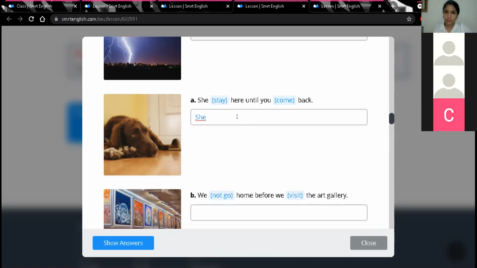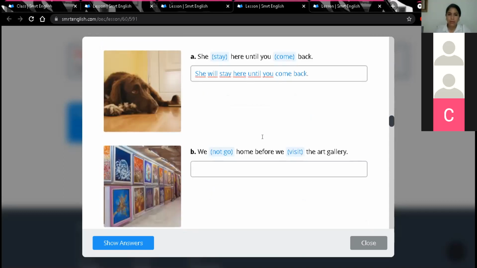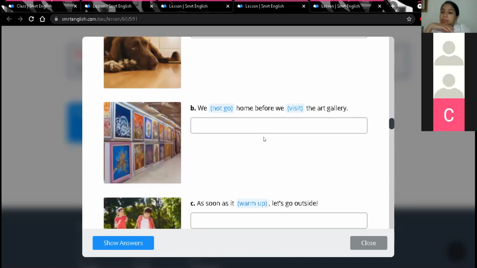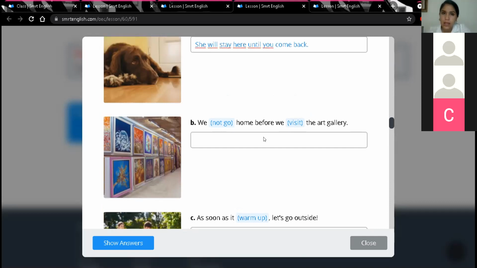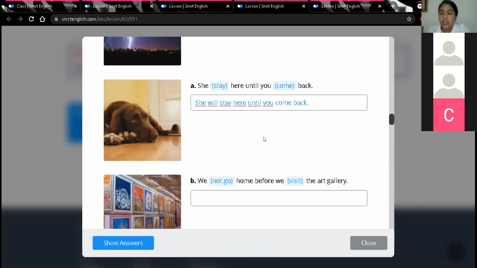She will stay here until you come back. Very good. Here we're using time expressions, which is more exact about when the situation is going to happen. Until, you can use till.